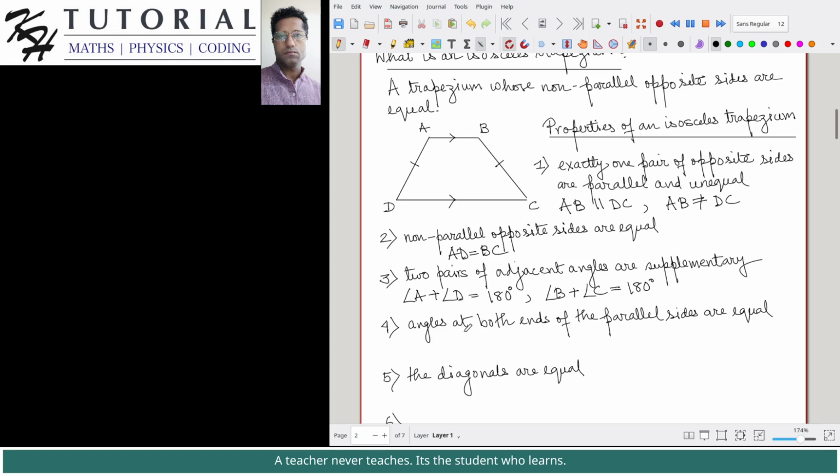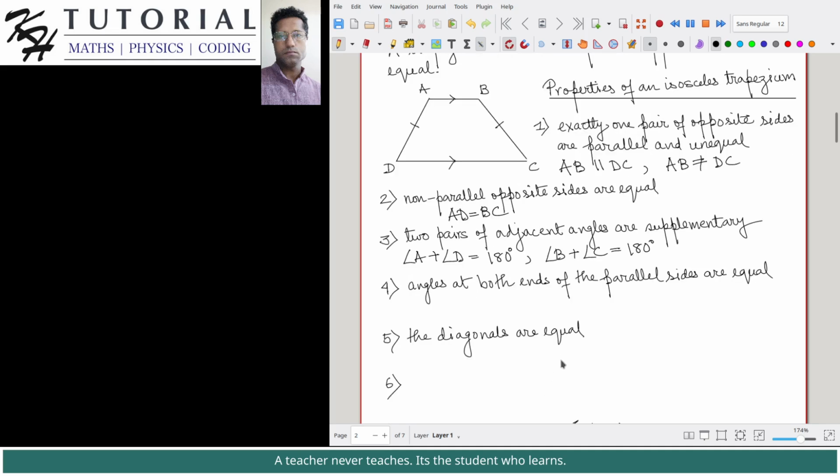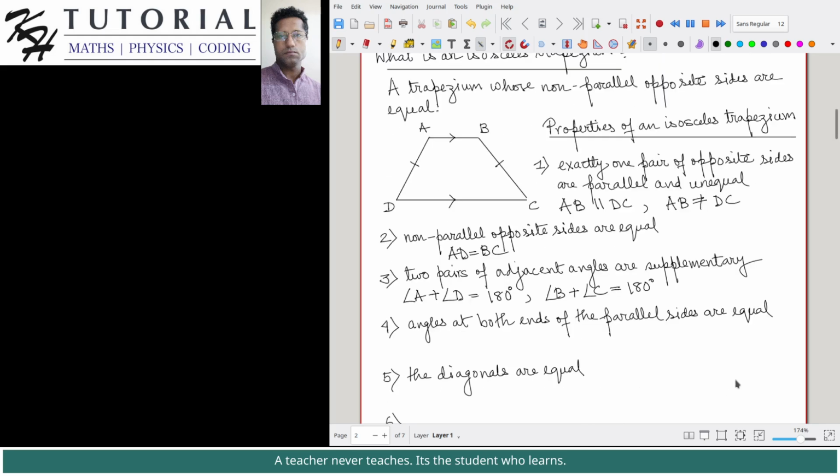Properties 4, 5, 6 are interesting. Property 4 says angles at both ends of the parallel sides are equal. Now, the parallel sides in a trapezium are also known as the bases. So the sides AB and DC are the bases of the trapezium.